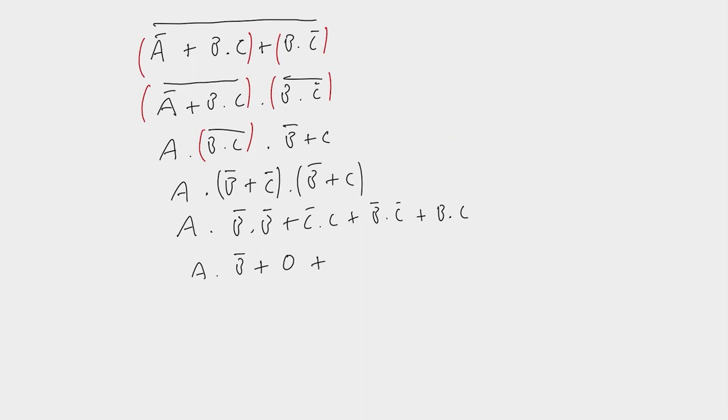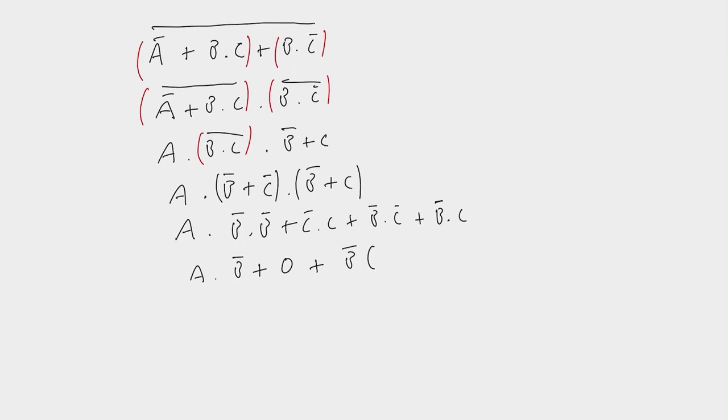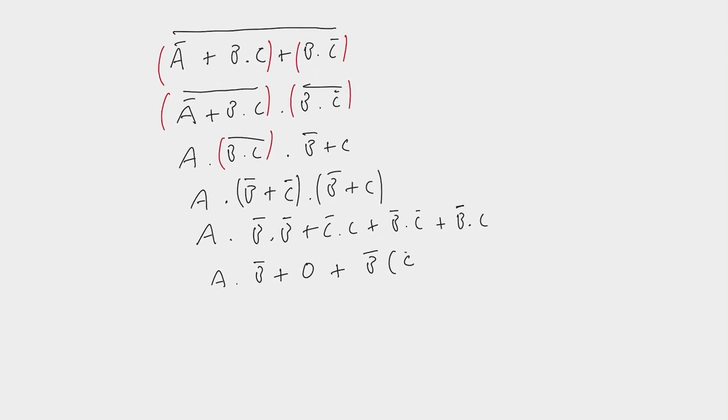And then we can factor out, in fact, that should be not B there. So we can factor out the not B, and we have not C or C there.